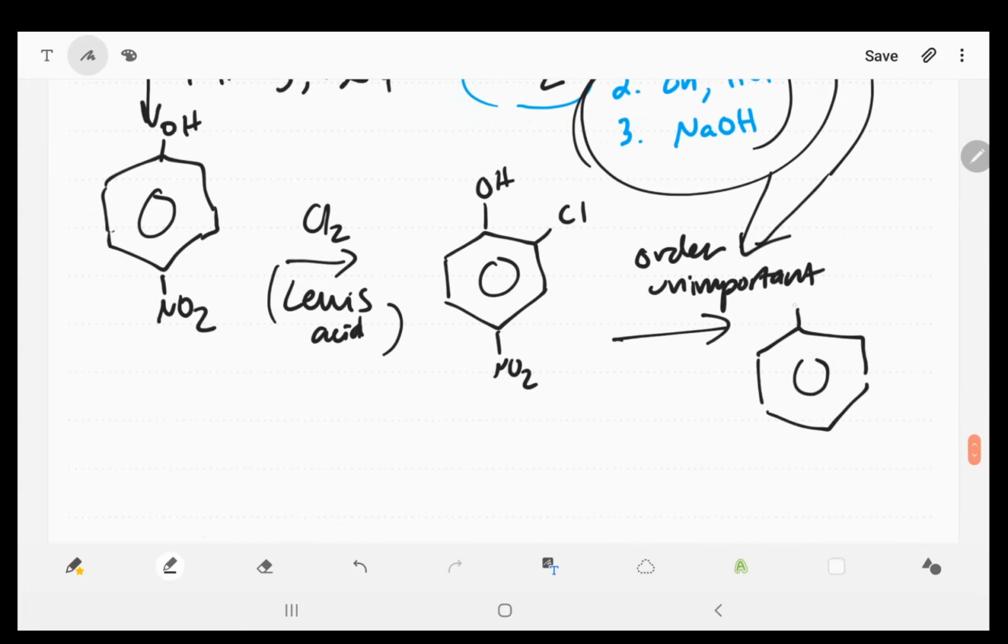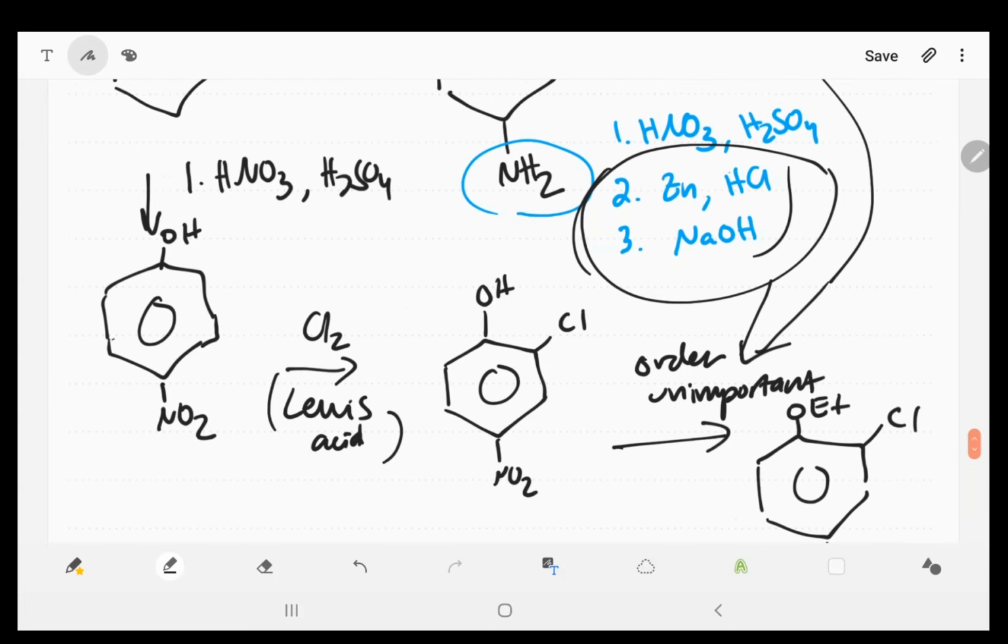Since we're out of time, we'll end up getting our product. Oops, that's an NH2 at the bottom. So it's just a matter of thinking: where do you need things to go, and how do you get them there? Once you know those two things, you can deduce what order is best.